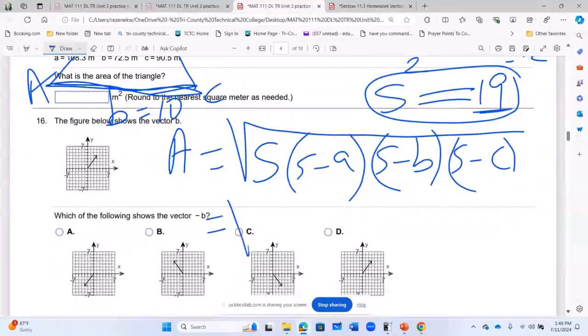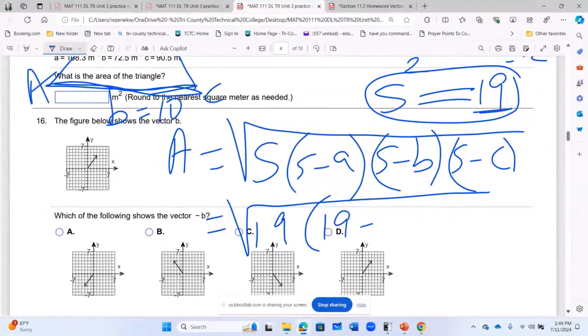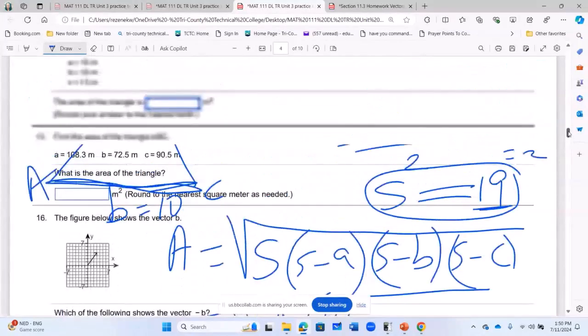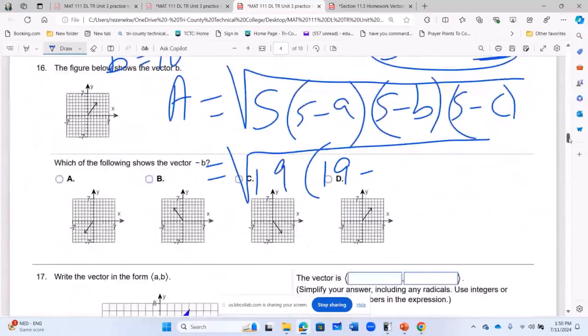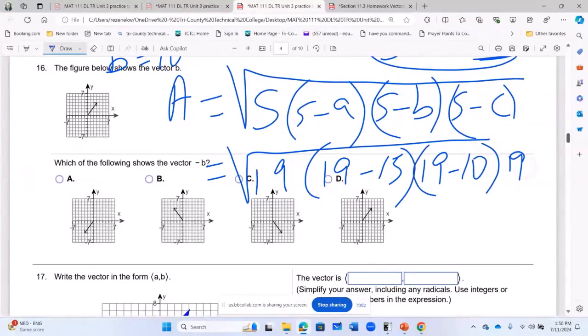Our area is equal to 19 into 19 minus 15, 19 minus 10, 19 minus 13, and I'll pull up my calculator.